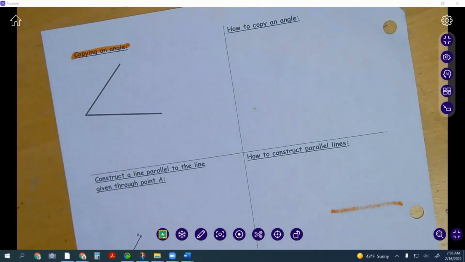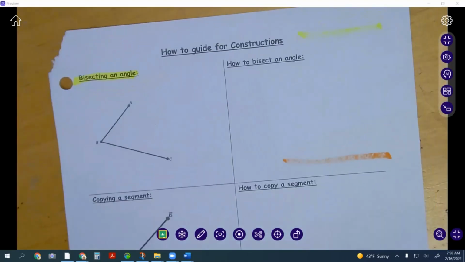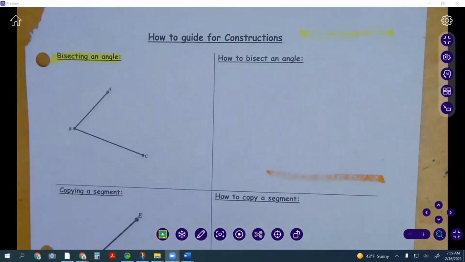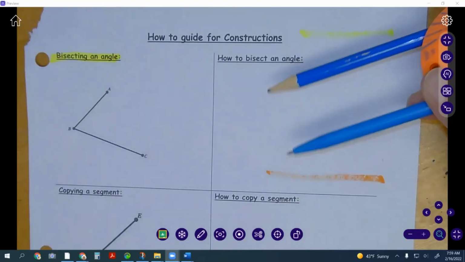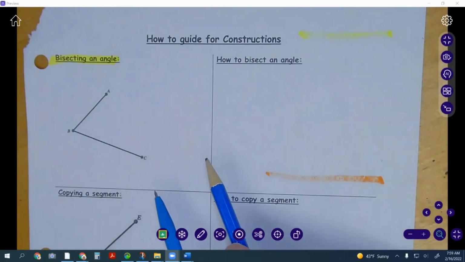So let's go back to page 7, bisecting an angle. Bisecting an angle means cutting it in half. So what you're going to do first, and we're going to write here what to do, is pick a radius for your compass.